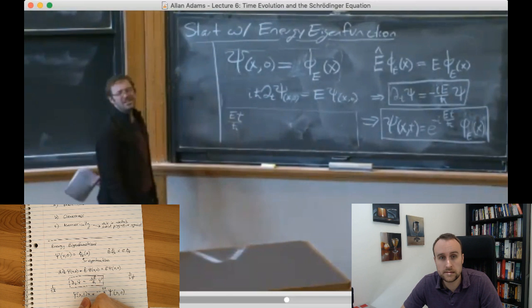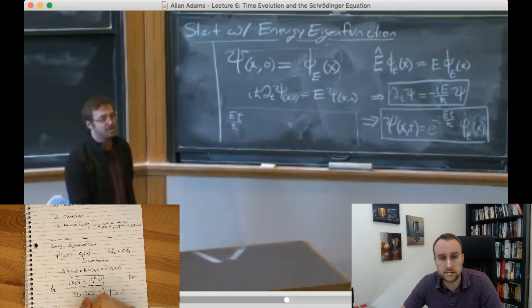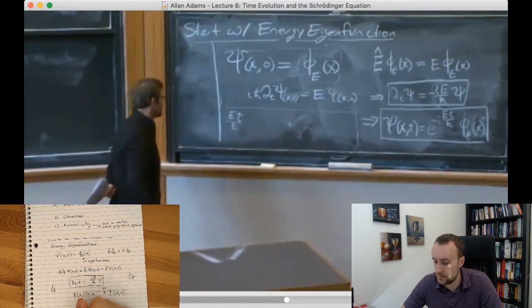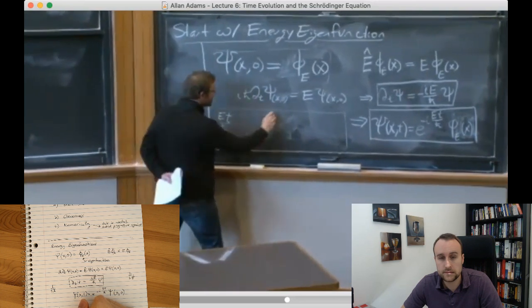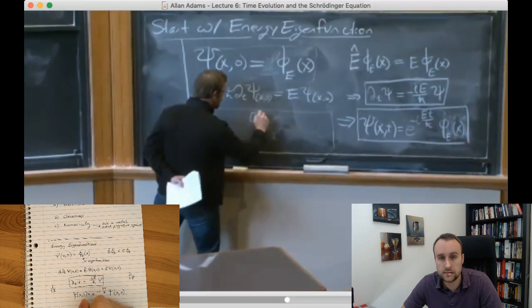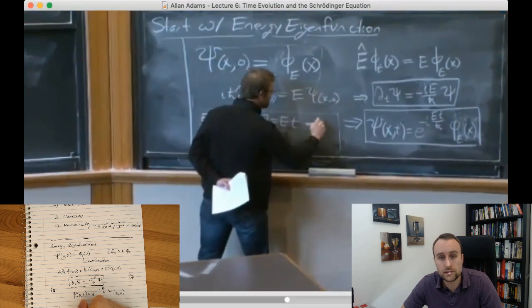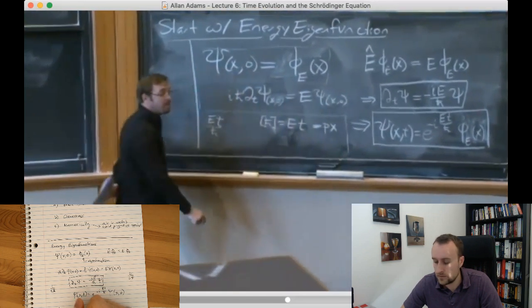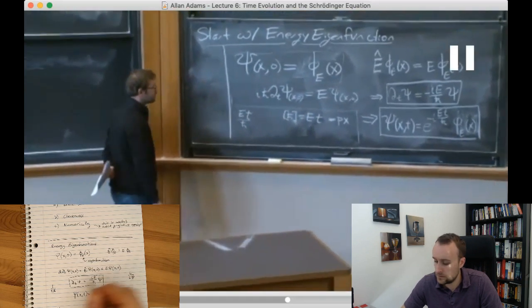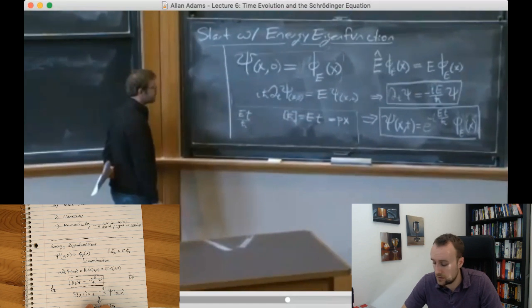Oh no, the dimensions, guys, not the units. It's an action, which is energy times time, also known as a momentum times a position. Okay, hold on a second. So this is P times X.